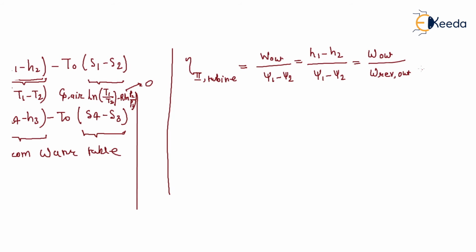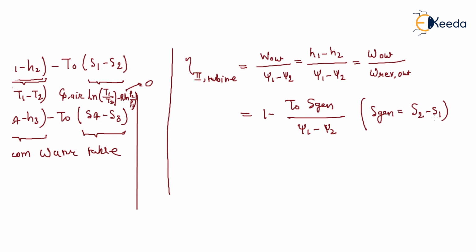And it is the same as if you write entropy generation, so it is 1 minus T naught S generation divided by phi 1 minus phi 2. And what is S generation? This is your S2 minus S1. Similarly, second law efficiency for a compressor, what is that?